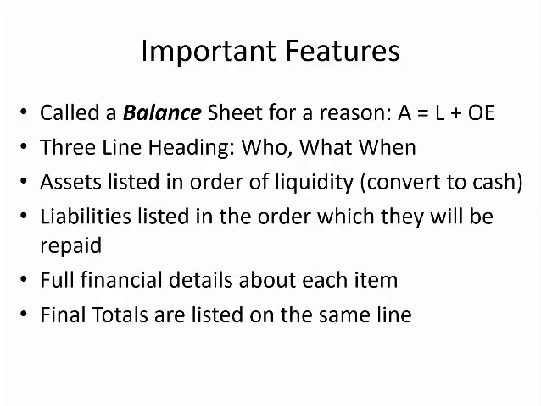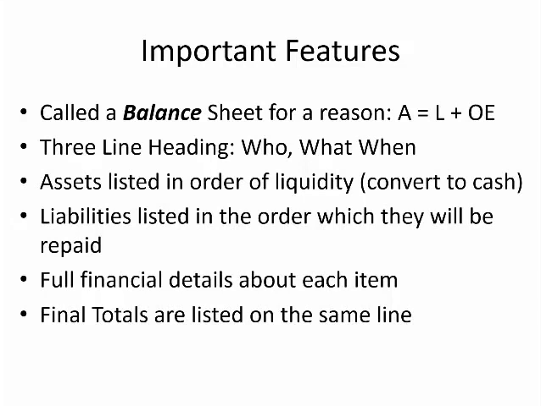In terms of the parts, you're going to see at the top a three-line heading: the name of the company, what kind of document we're working with, and the time period or date at which it's being prepared. We will then see all the assets listed in order of liquidity on the left. Very important concept to understand, this idea of liquidity. Liquidity refers to how easy a thing is to convert to cash. Typically, we will always list cash first because it already is cash.